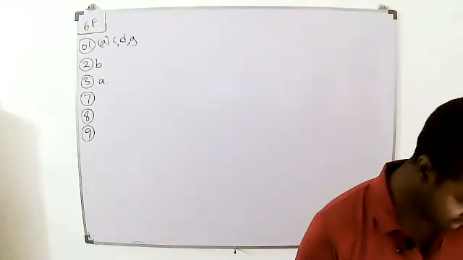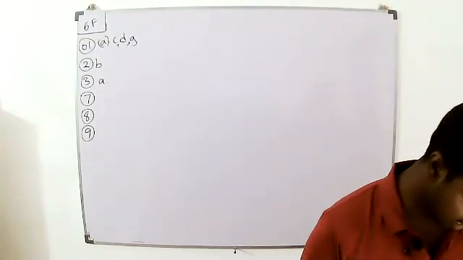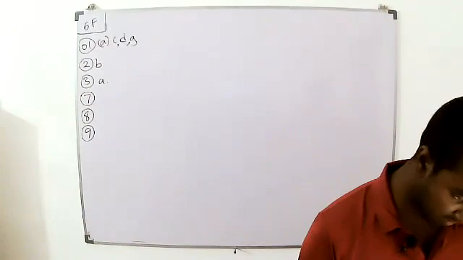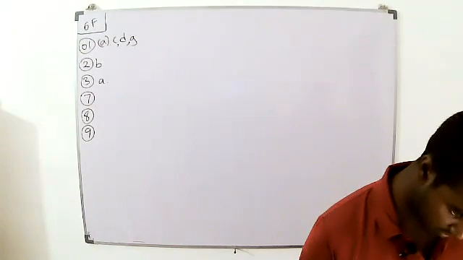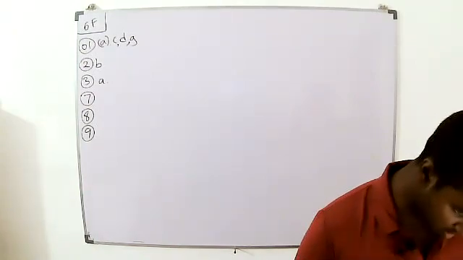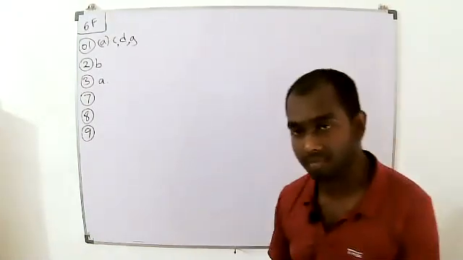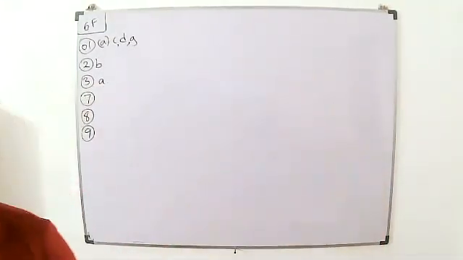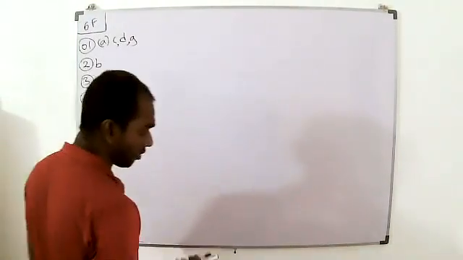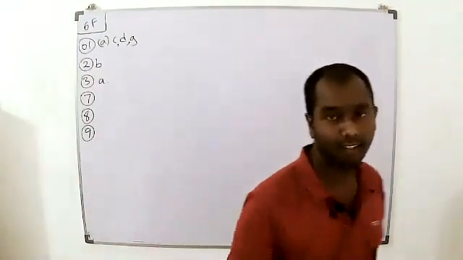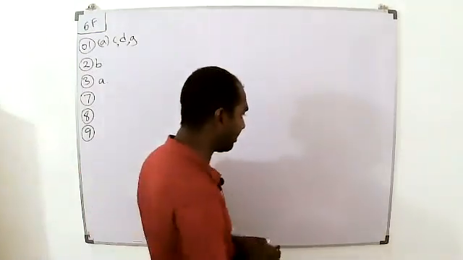Exercise 6E. How to solve? Look at the questions now. Now we know how to solve trigonometric equations. Now we are going to include the identities. What are the identities we learned so far?